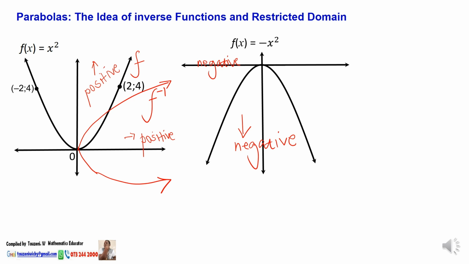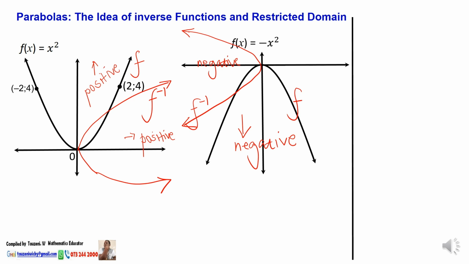So my function is going towards the negative side. Therefore, the inverse must face the negative side as well. They must face the same direction in terms of negative and positive. So this is my inverse function, and this is the graph of f. As simple as that.